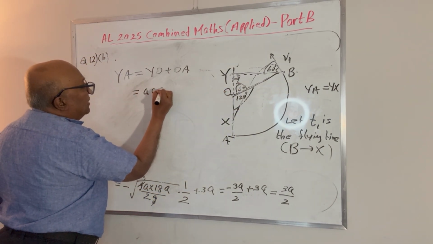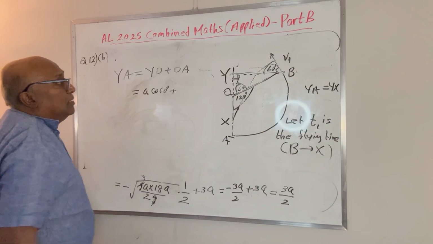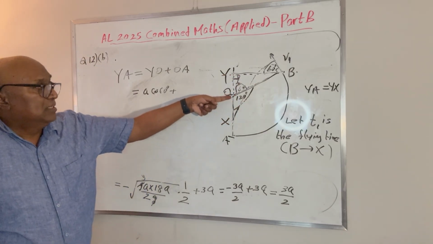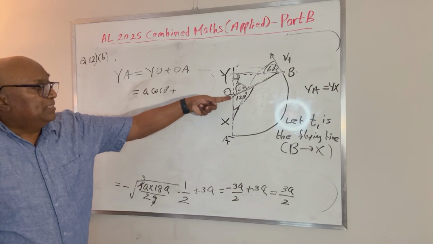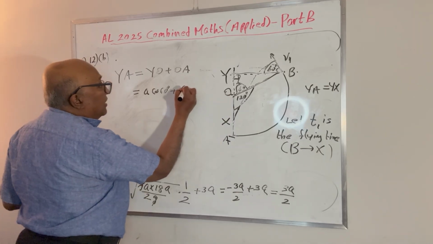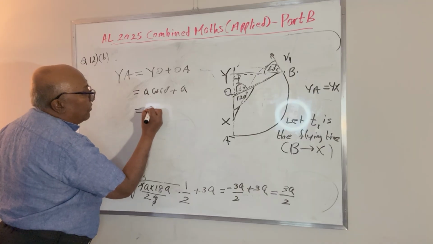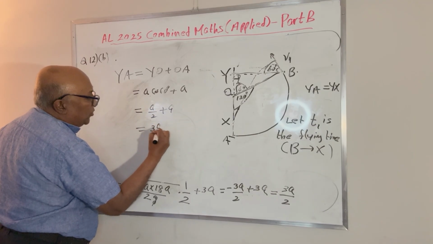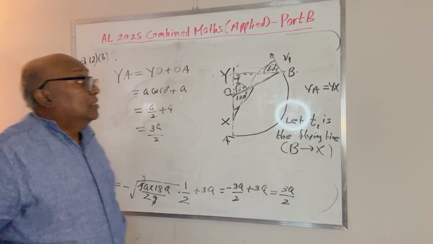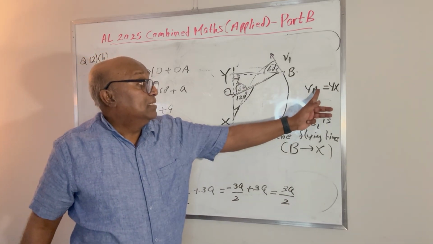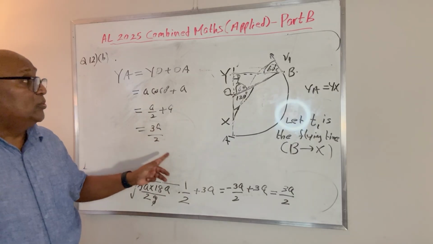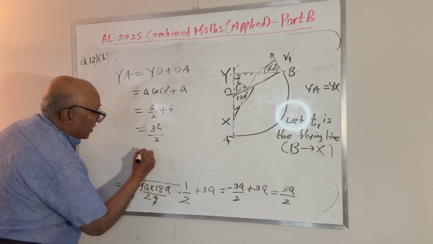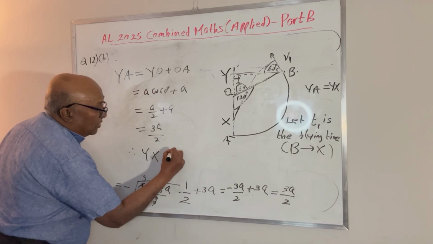Then the distance O to A is a. So a times half, a by 2, plus a, is 3a by 2. Now we got our expected result. Ya is equal to 3a by 2. Yx is equal to 3a by 2. Therefore, yx equals ya.